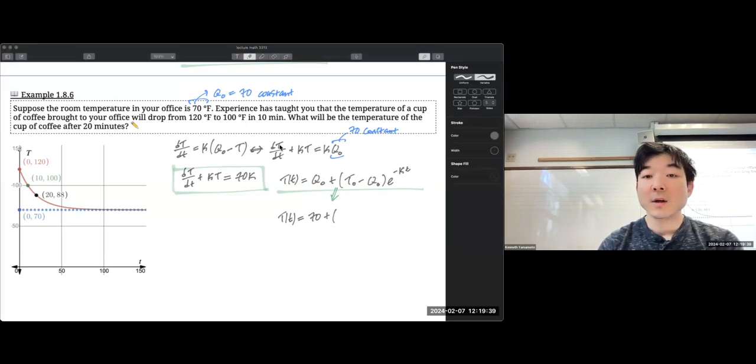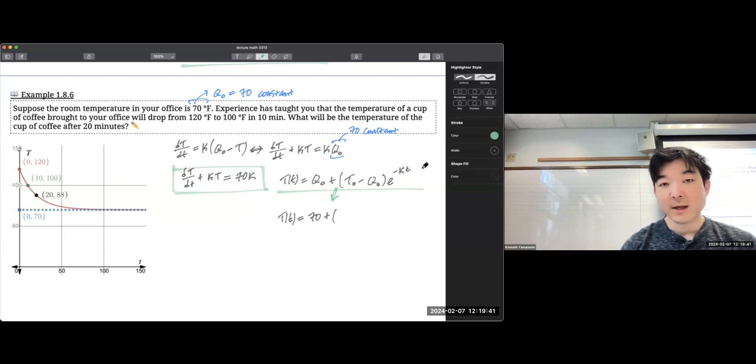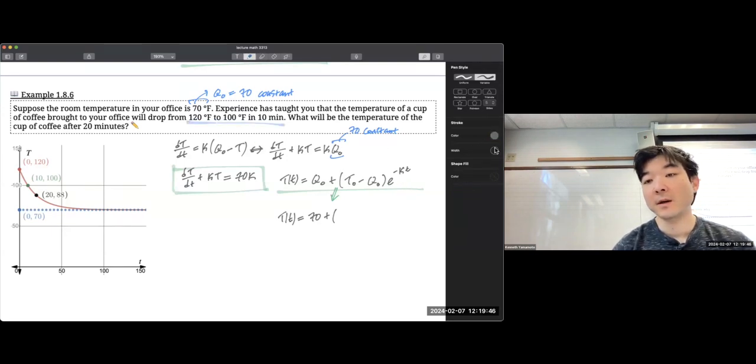Let's say from this that our T naught is equal to 120. That's your initial temperature.